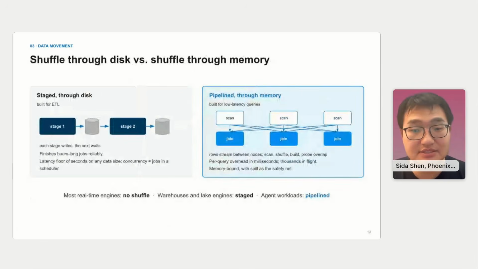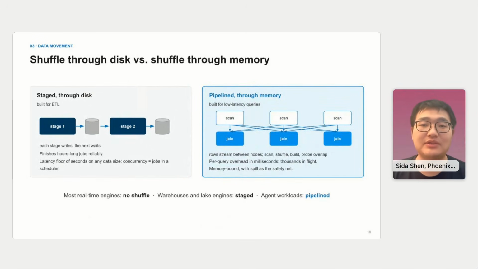And having that, how you do shuffle is also another problem you need to ask yourself before you choose an engine. First is engines that stage through disk. A good example of this is the oldest MapReduce approach, and then Spark's stage by stage computation that came after that.